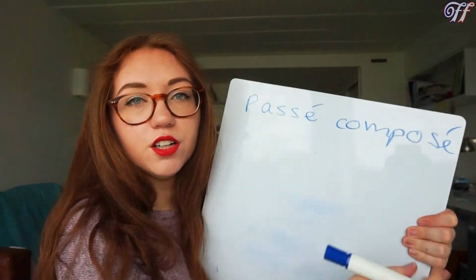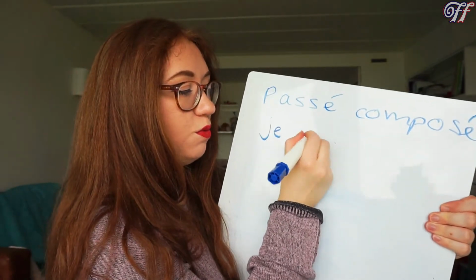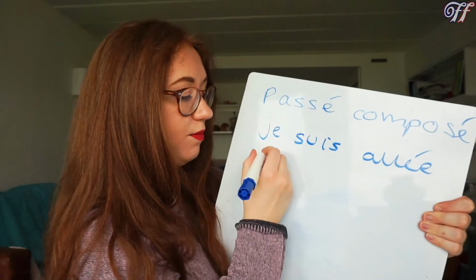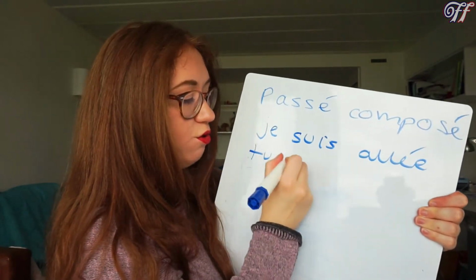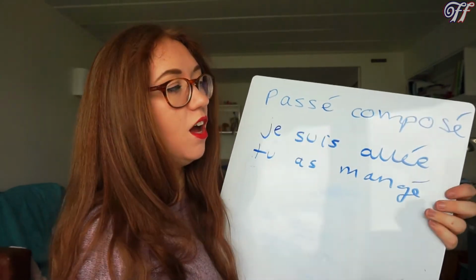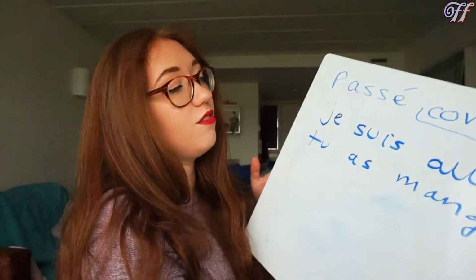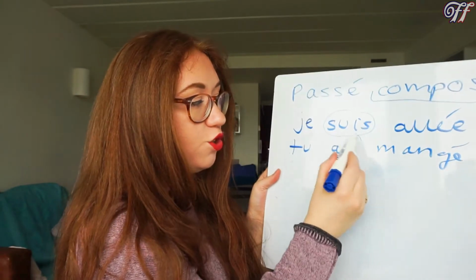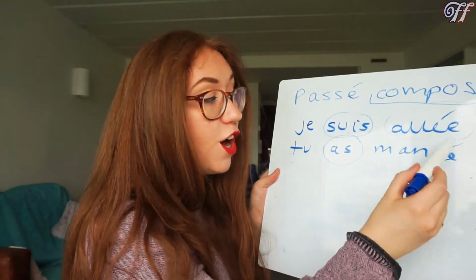They couldn't remember that this is the one where it's like je suis allé, which means I went, or let's do a different one, tu as mangé, you ate. Composé means composed, so that might help you immediately remember, oh, it's composed of these two parts. You have either the être or the avoir, and then the verb.